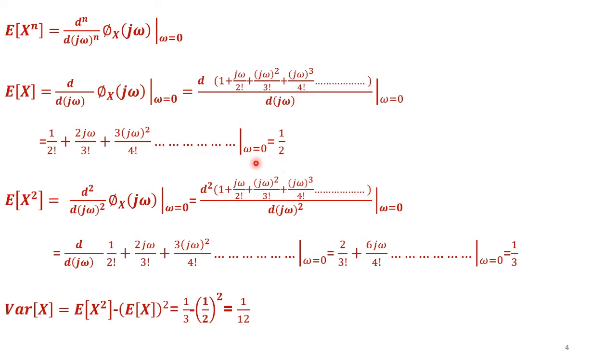Substituting omega equal to 0, all these terms cancel out and I am left with only 1 by 2 factorial, which is half.